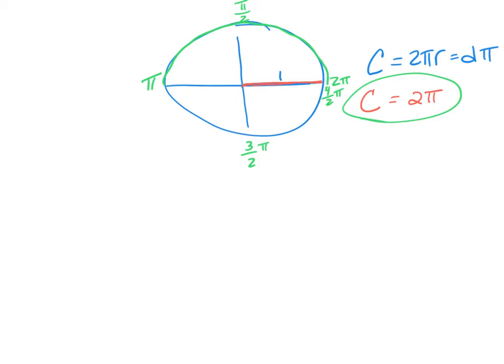2 of them. So how many sixths do you think there are around the circle? What makes 2? 12/6 pi. So this also is 12/6 pi. How many thirds are around that circle? 6. 6/3 pi.